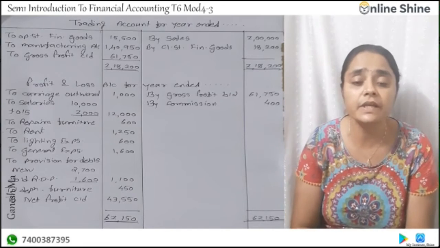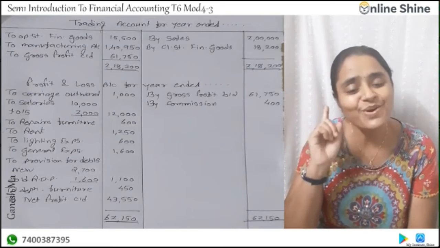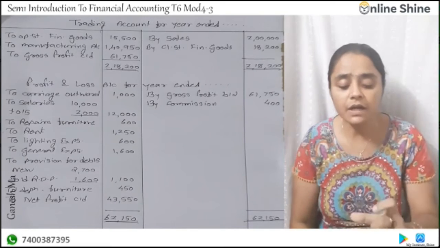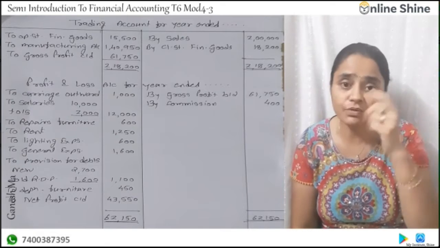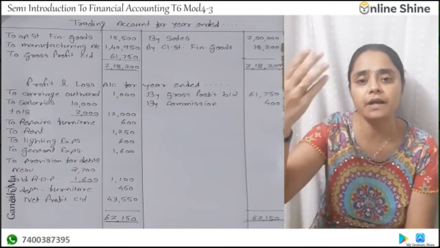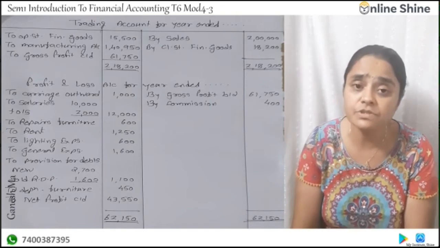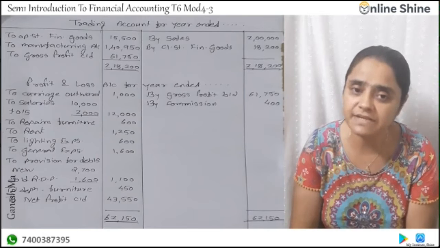From the trading account what you come to know is your gross profit. Here you will make a total of your trading account credit side, that is 2,18,200. From that you will deduct all your debit items. The balance part, that is my gross profit, comes to 61,750.